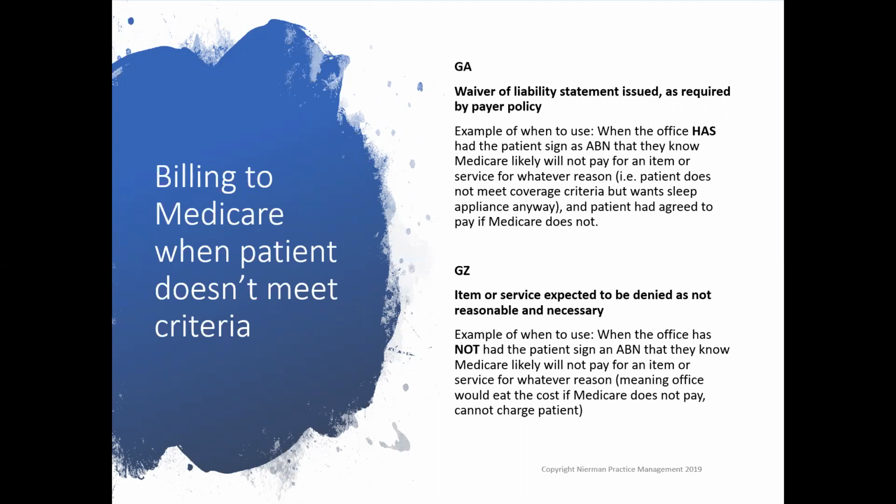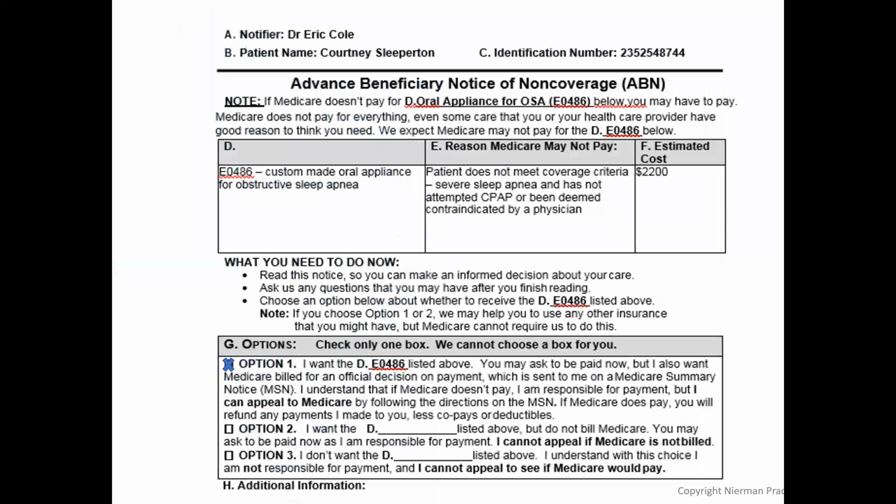And another peek at that advanced beneficiary notice here with some example language filled out. Again, it's just a nice statement where the patient has indicated that they were informed that this service or equipment, in our case, may not be covered.